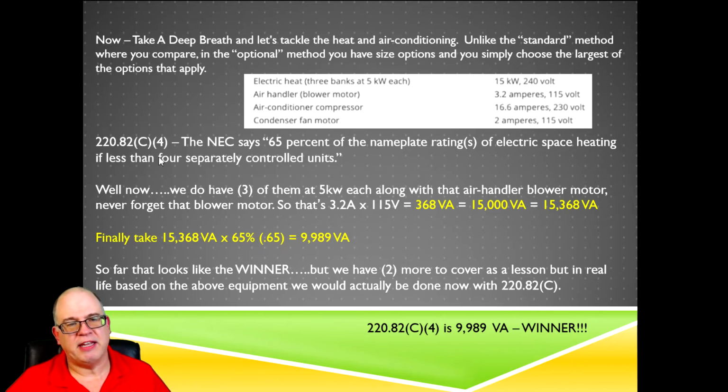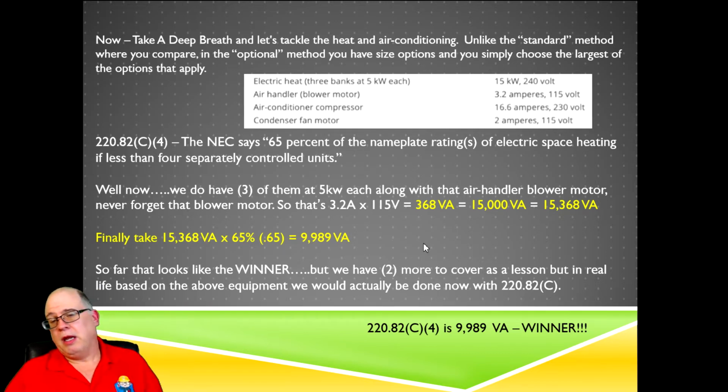All right, now let's get to C4. Okay, and the code says you use 65% of the nameplate ratings of electric space heating if there are less than 4 separately controlled units. Well, in our case, I told you up front we had 3 banks of 5 kW, so I have separate units.